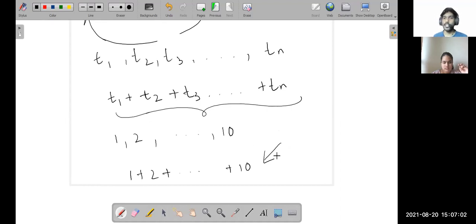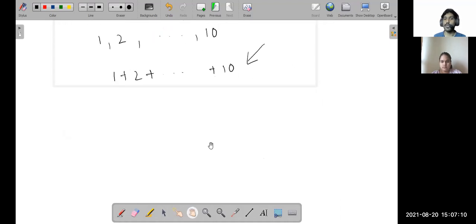But if you have 100 terms or 5,000 terms, adding each of them will be very difficult. So for this, we have a new formula called the SN formula, the sum of first n terms.